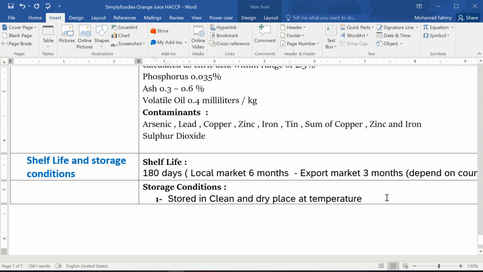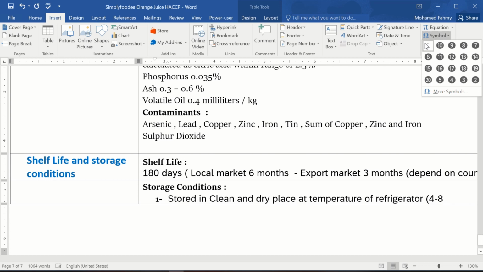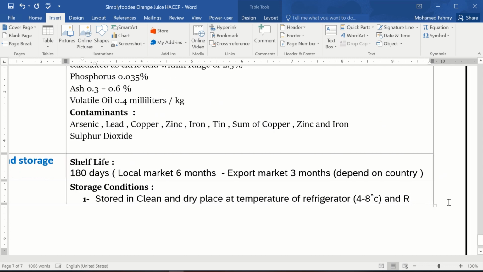For example, in our example, it must be stored in a clean and dry place at refrigerator temperature. There must be a range from 4 to 8 Celsius degrees. Also, you must mention not only the temperature but the relative humidity. It's very important.